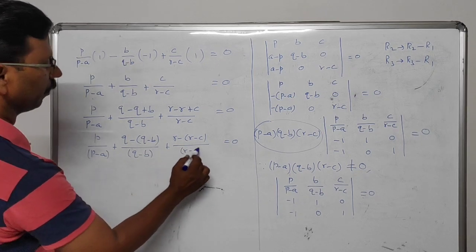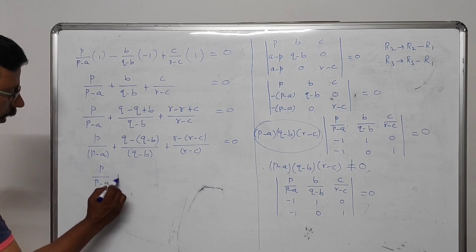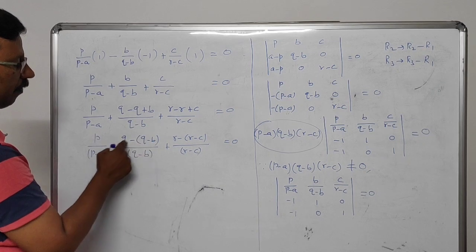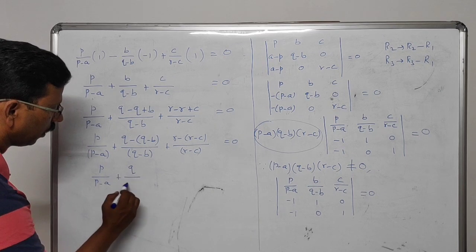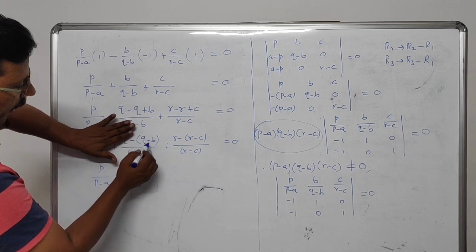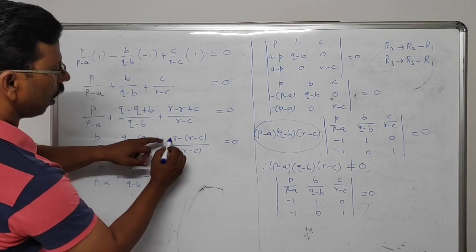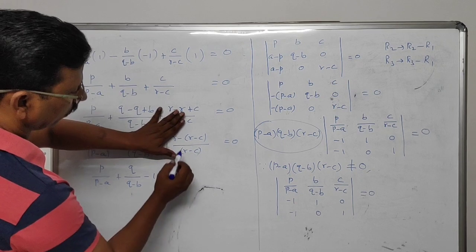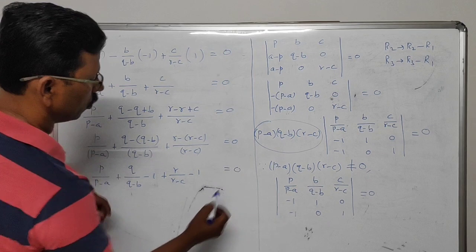After writing these things, you can write p by p minus a, then plus, since it is a fraction, in the numerator we have two terms, you can divide each term by q minus b. Therefore, you can write q by q minus b, then minus q minus b by q minus b gives minus 1. Then here plus r by r minus c, then minus r minus c by r minus c gives 1, which is equal to 0.